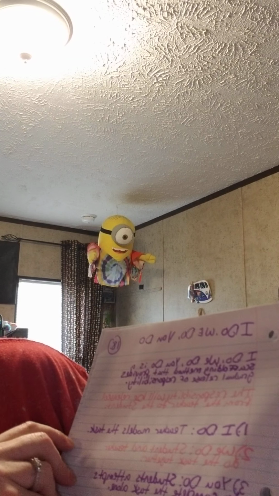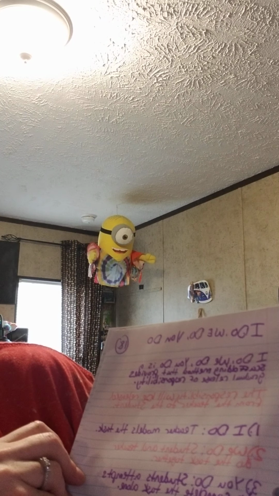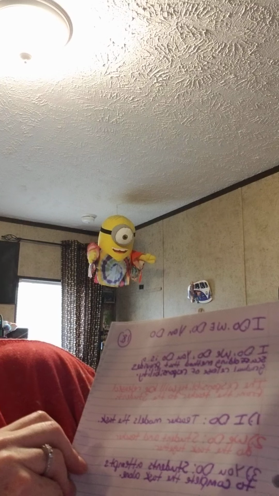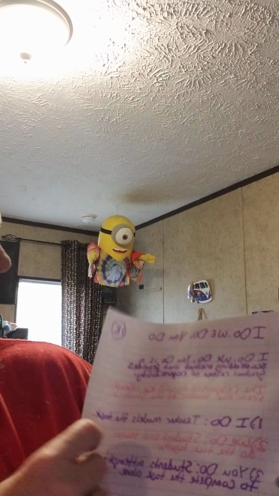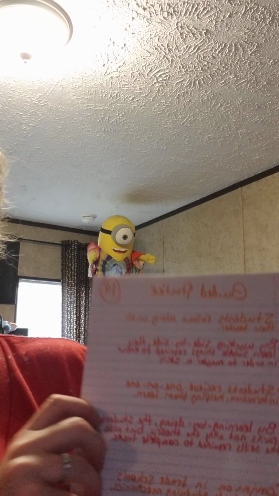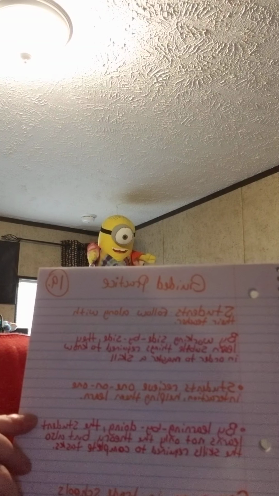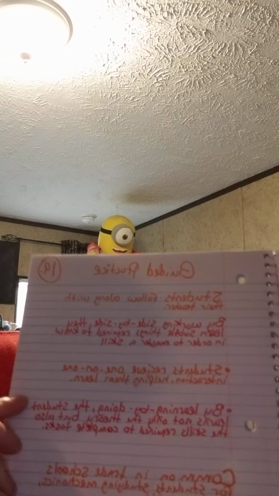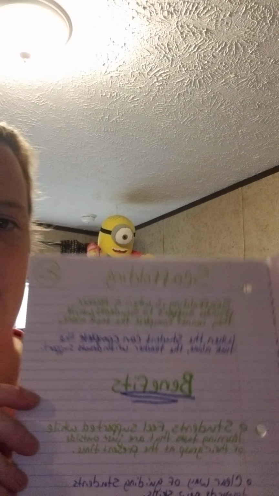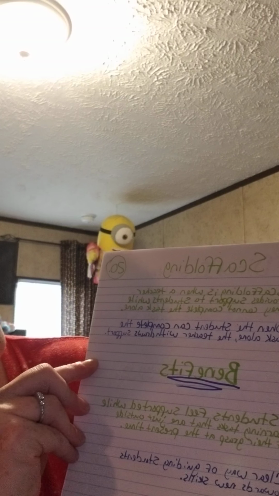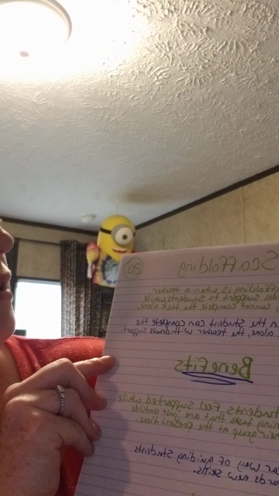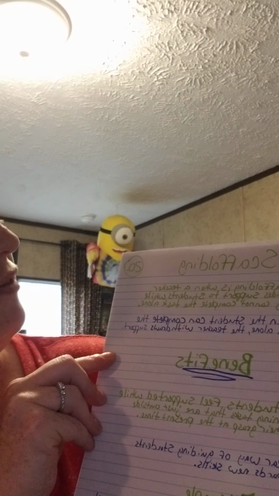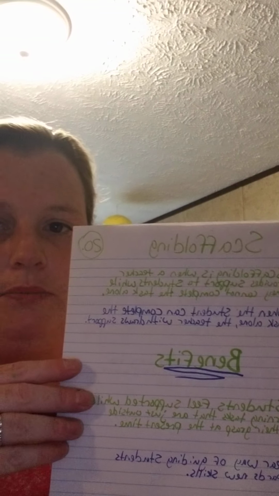It's basically the teacher models the task, students and teacher do the task together, and then the students attempt to complete the task alone. And we have guided practice. Students follow along with their teacher. Scaffolding. Scaffolding is when a teacher provides support to students while they cannot complete the task alone. Afterwards, the teacher withdraws their supports.